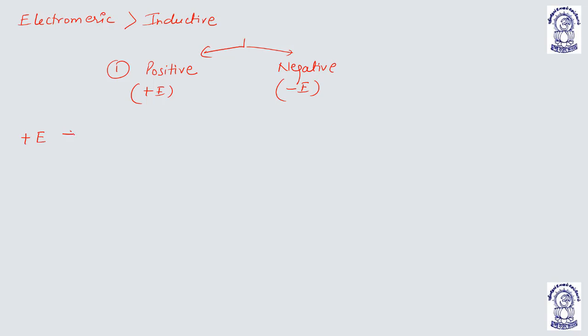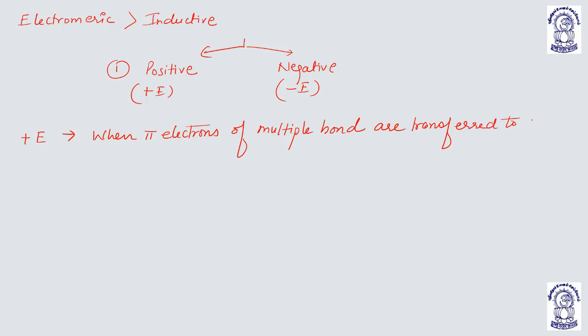Plus E, the pi electrons of the multiple bond are transferred to that atom to which the reagent gets attached.